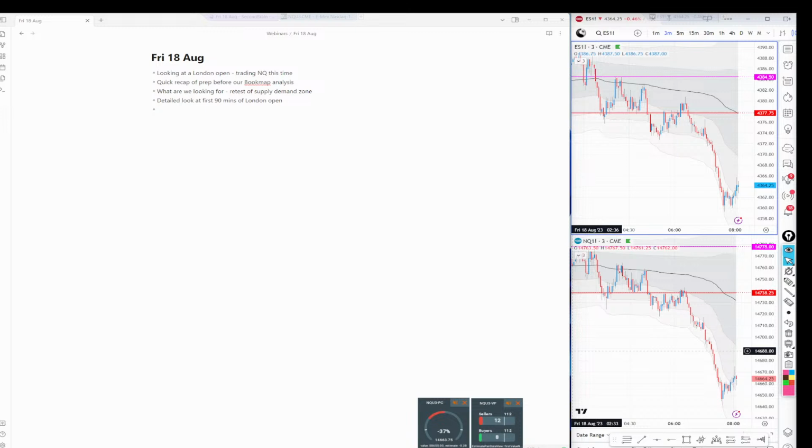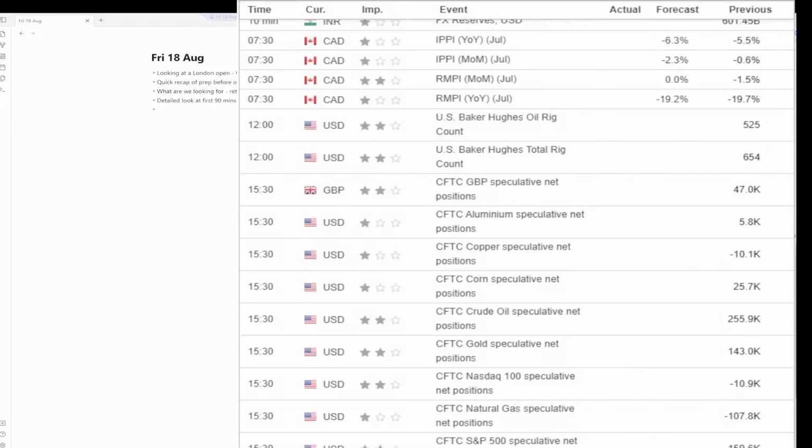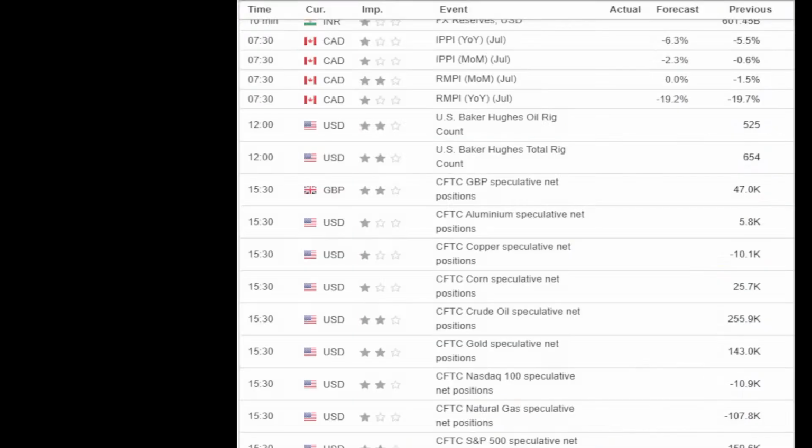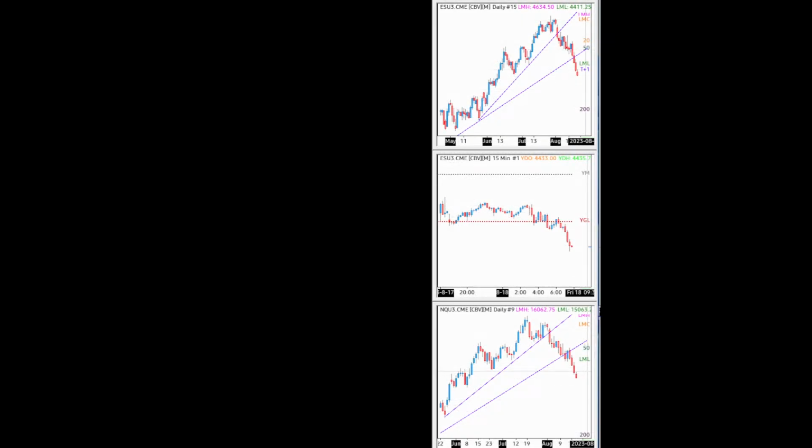If I switch to the slides, I'm still looking to see if there are any comments. Let me just move on to the slides. Yep, that slide there. So again, this is the context before you trade the session. This is the daily for ES and the daily for NQ.